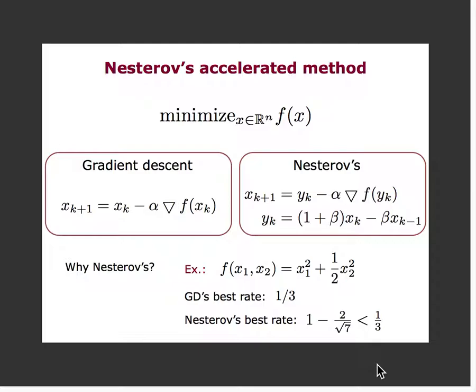And what do I mean by rate? By rate here, I mean if we look at the error and we want bounds, the error at iteration t is bounded by some constant times tau to the t. Okay, so this will be the rate.